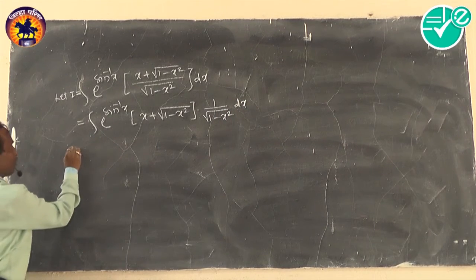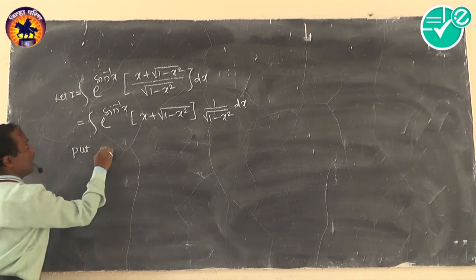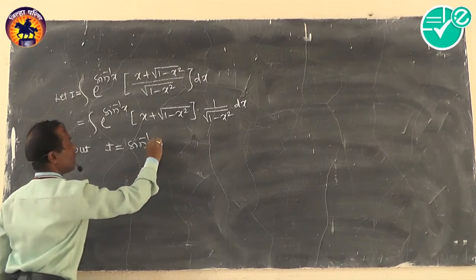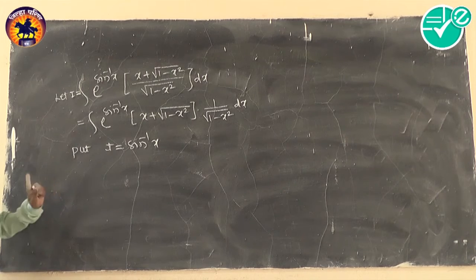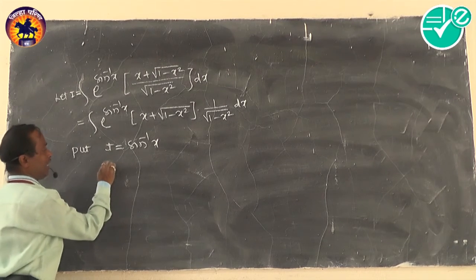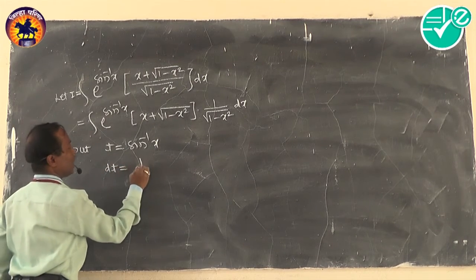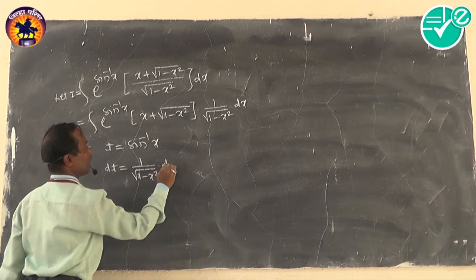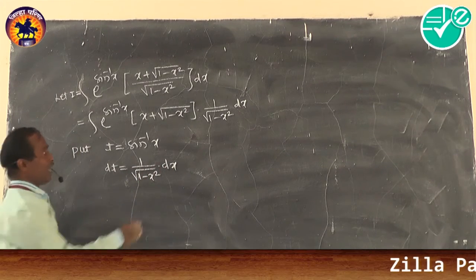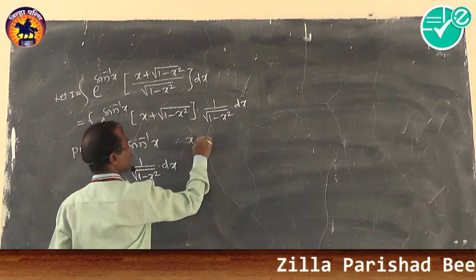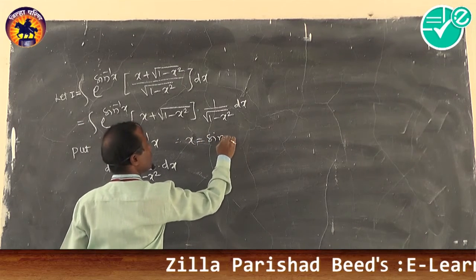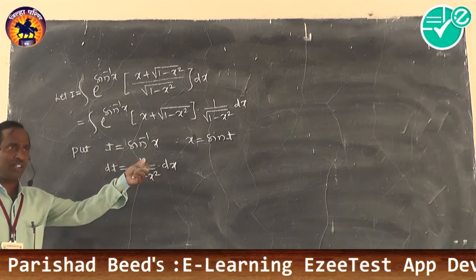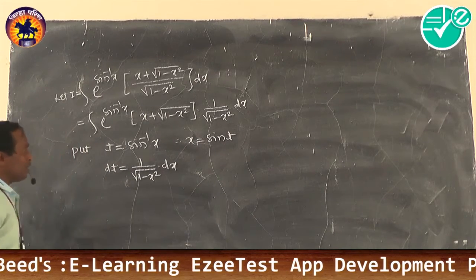Now here we substitute, put t is equal to sine inverse of x. Differentiating t with respect to x, we get dt is equal to 1 upon root 1 minus x square into dx. Then t is equal to sine inverse x, so x is equal to sine t.